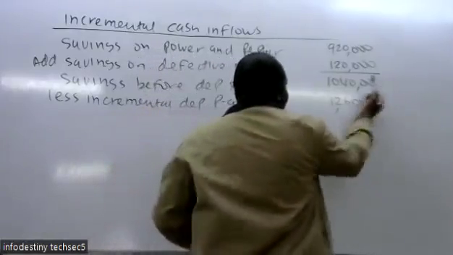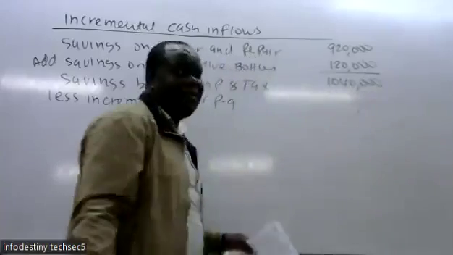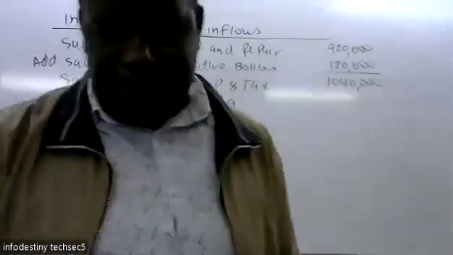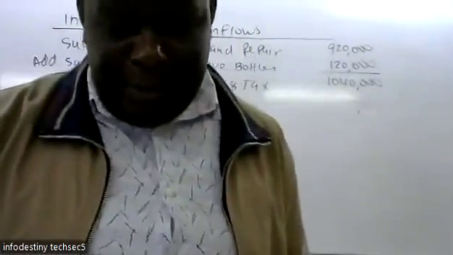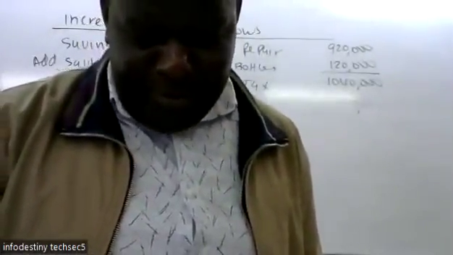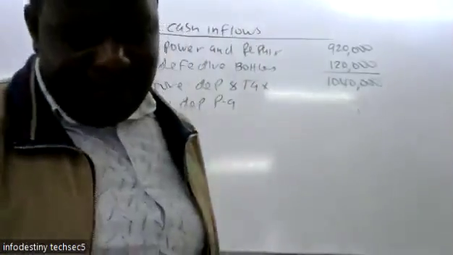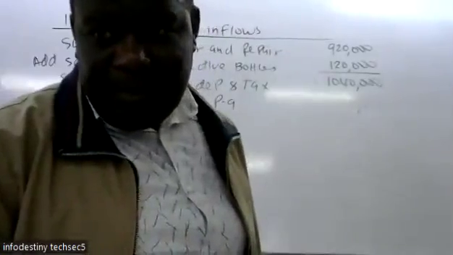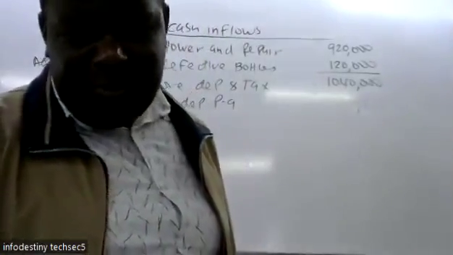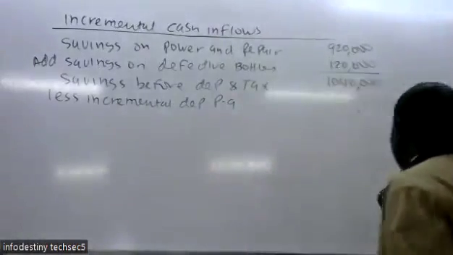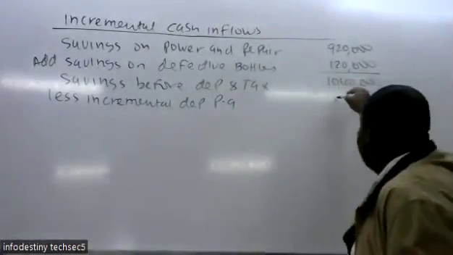Incremental depreciation per annum was the one for the old asset minus the one for the new asset. So you added. Incremental depreciation should be 380. So that figure is 380.